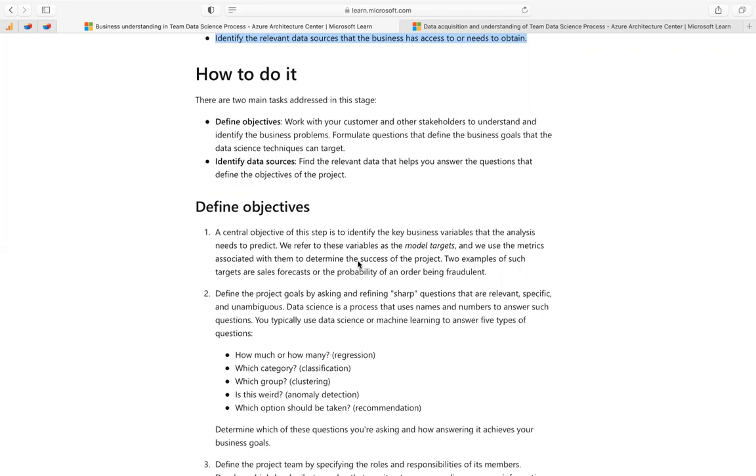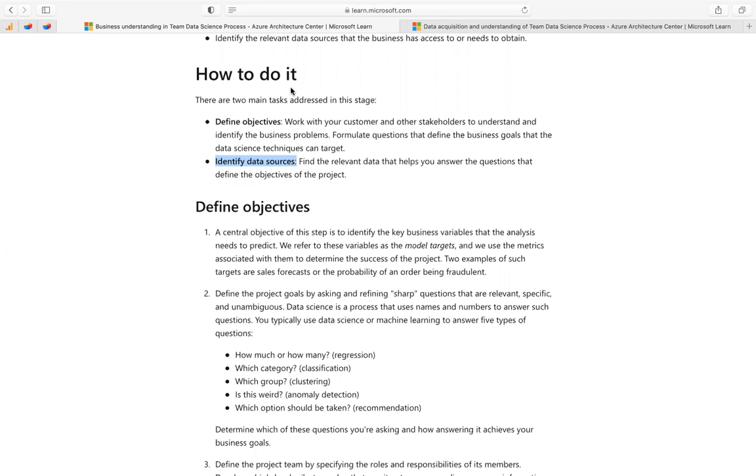Okay, so the next step here is identifying the data sources. In data science, and as a data scientist, identifying the data sources should be one ability you should develop by yourself.